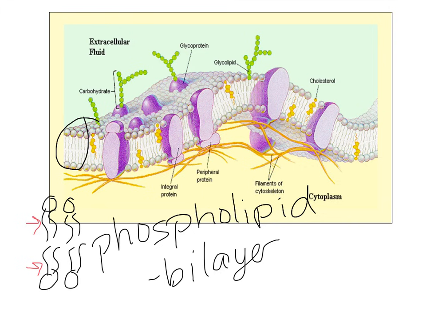And each phospholipid has two parts to it. It has a phosphate group, which is this circular part here. So that's the phosphate group. And that has a charge.